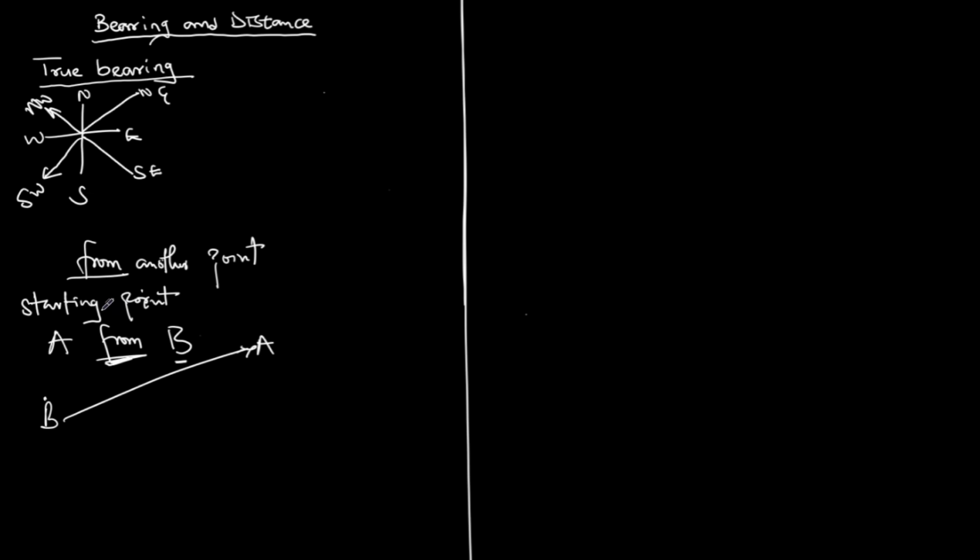The difference between compass bearing and true bearing is that compass bearing measures one point. It measures a point using the cardinal point. For example, if I say, what is the bearing of A? 83 degrees, for example. Now, I will have my north, my south, the east, and the west.